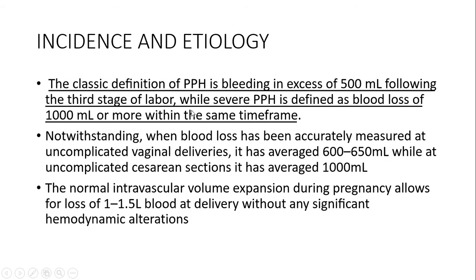The classic definition of postpartum hemorrhage is bleeding of more than 500 milliliters following the 3rd stage of labor, while severe PPH is defined as blood loss of more than 1 liter within the same time frame.